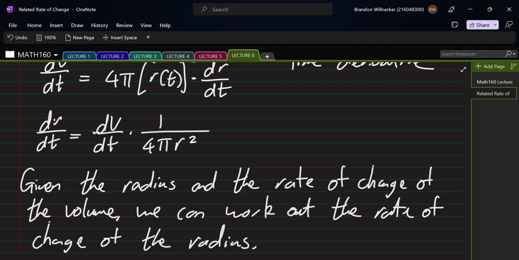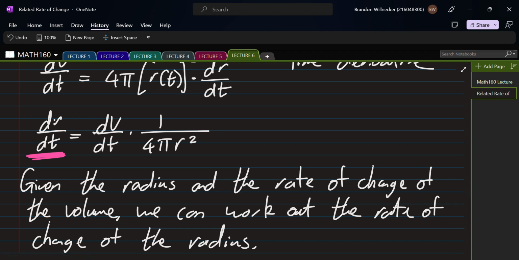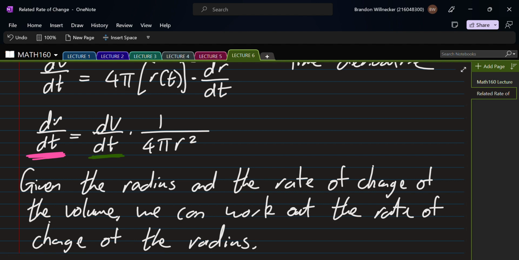Okay, and then that's just substituting some values, and then we can see what that is. So this is just a first example of this idea of related rates of change. We've got one rate of change, this dr/dt. We want to relate it to another rate of change, that's this dV/dt. And this is how they are related to each other through this formula.